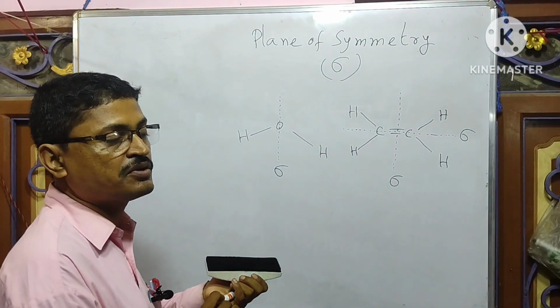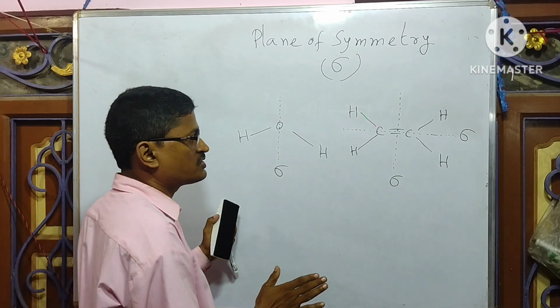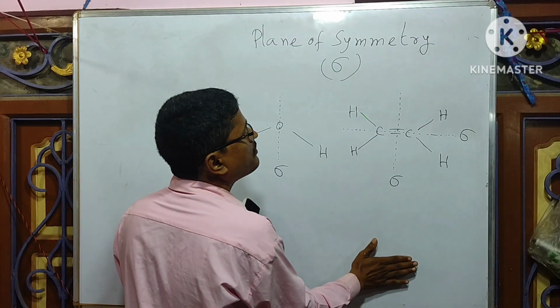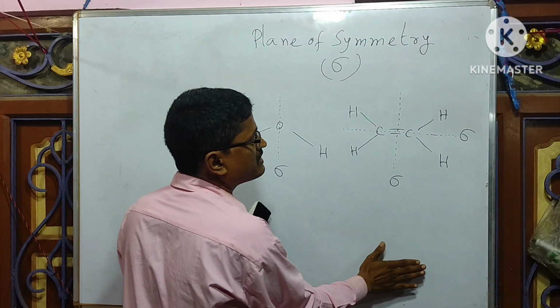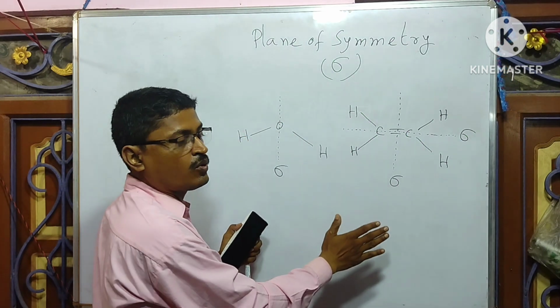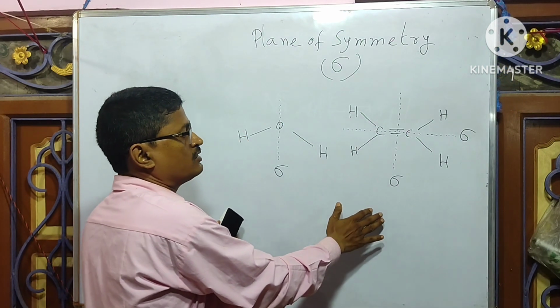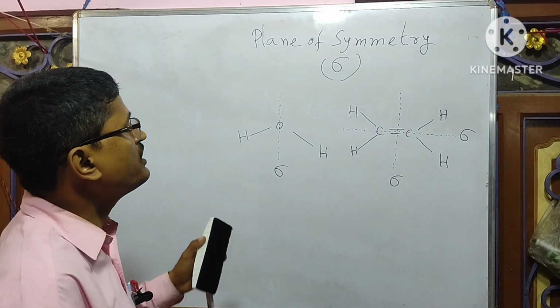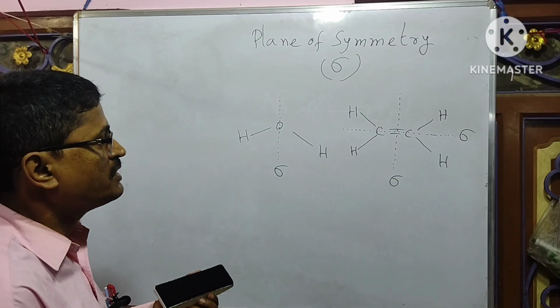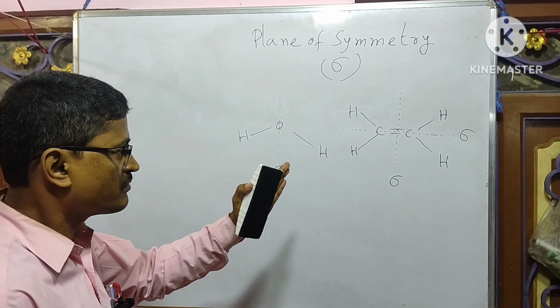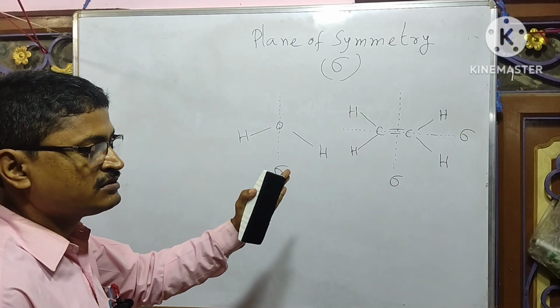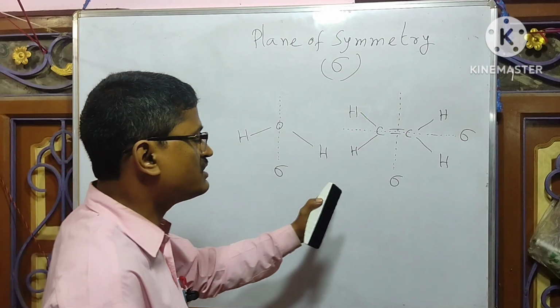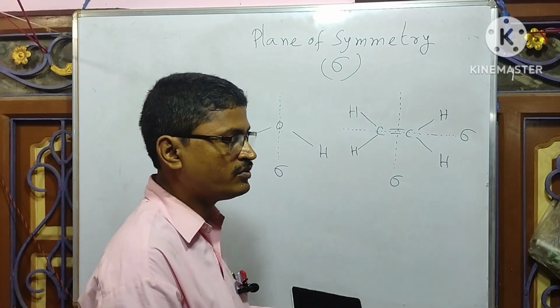Again, another plane of symmetry is possible along the plane of the molecule, that is the plane of the whiteboard. So planes of symmetry may be more than one in number in case of one molecule.